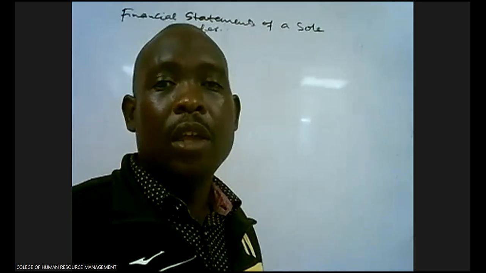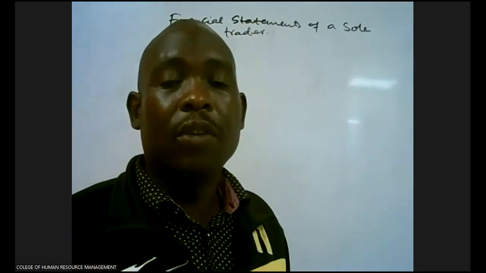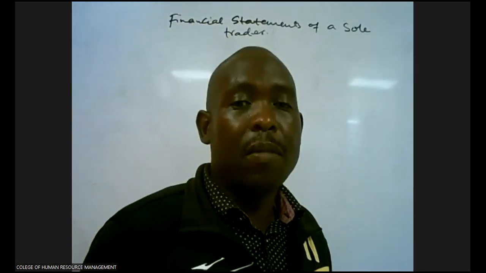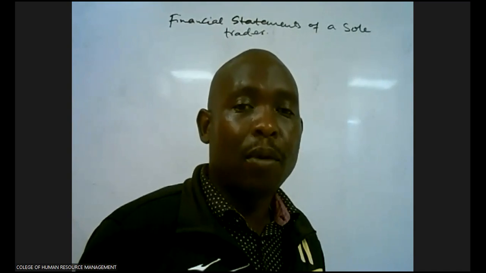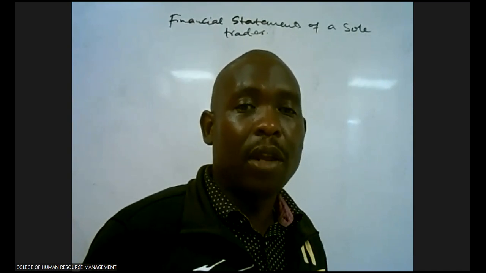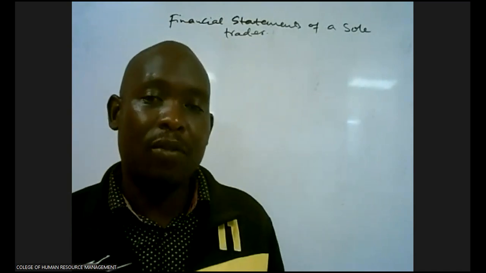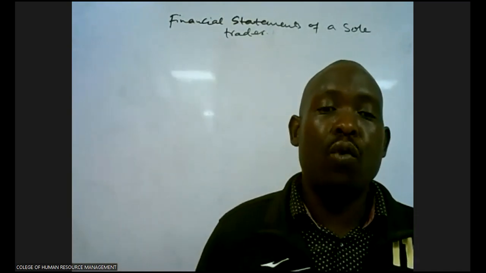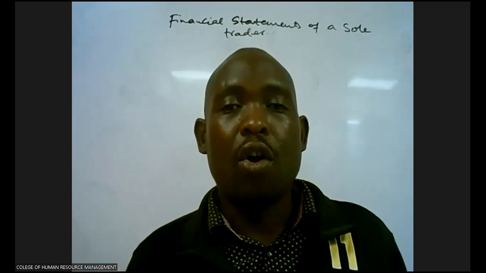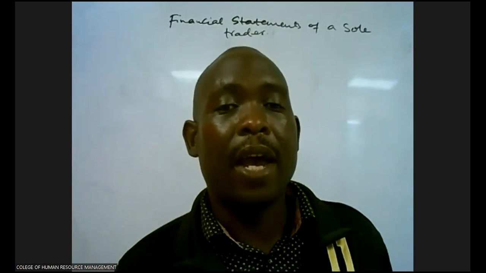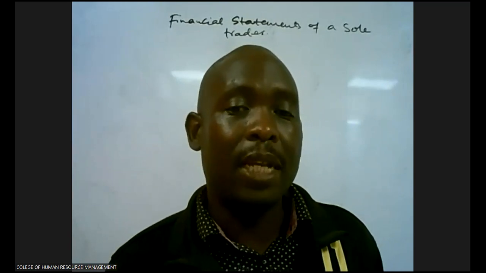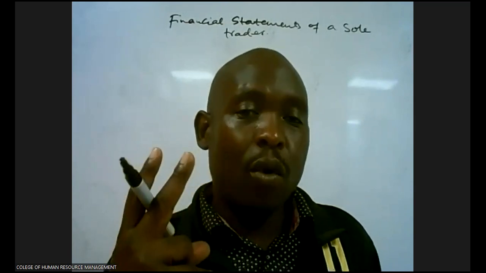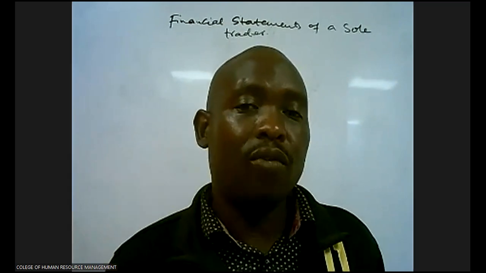A sole trader is a form of business organization that is owned and managed by one person. Sole proprietorship. The same person is the person who will enjoy the entire profit, or it is the same person who will incur the entire loss the business might incur. So the owner is one person.